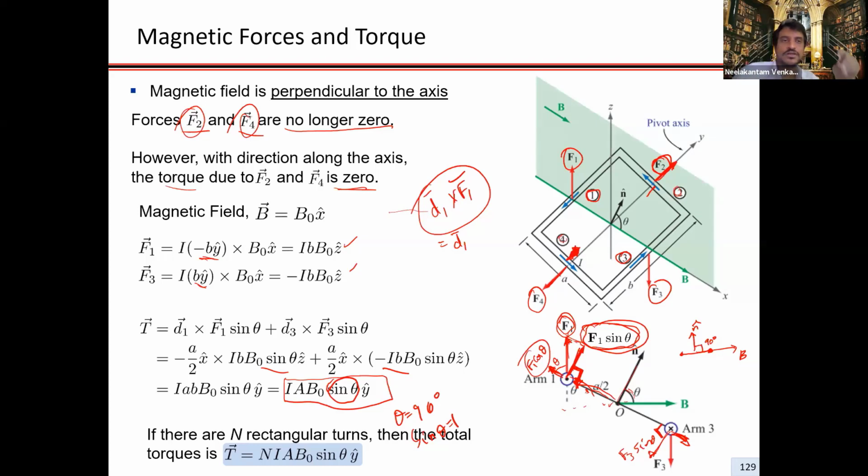When you have the B field like this, and this guy has come all the way 90 degrees like this, this theta is going to be 0 degrees. When it is 0 degrees, the torque goes to 0. The torque goes to 0, but there's something called momentum.